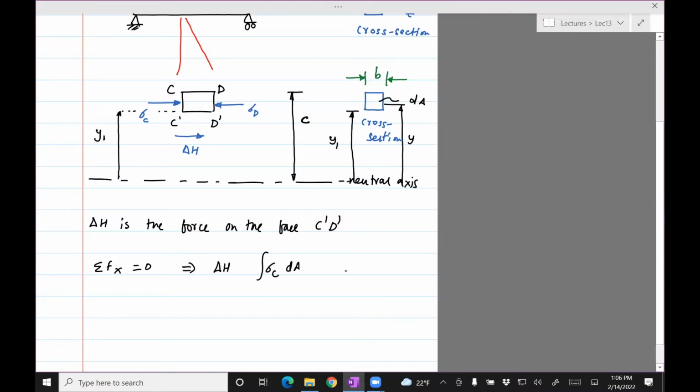I'll put the limits in a bit. And then this would be positive because it's acting to the right. And then similarly, there is sigma D, which is the normal stress on face DD prime, acting over the cross-section area dA. We need to integrate that. And since it's acting from right to left, the negative sign.